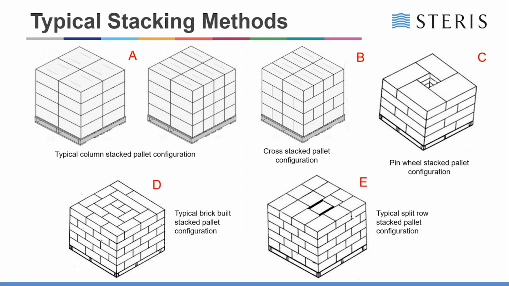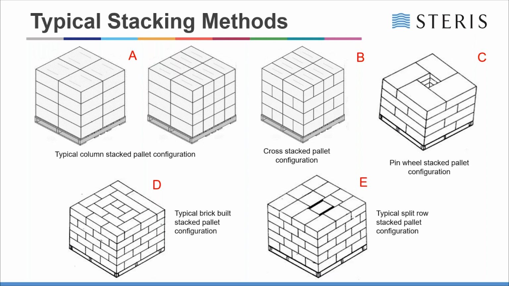There's only one of them that will give you the maximum capability of the actual stacked product, and that is method A. The reason for that is because you have vertical corners over vertical corners and vertical edges over vertical edges.